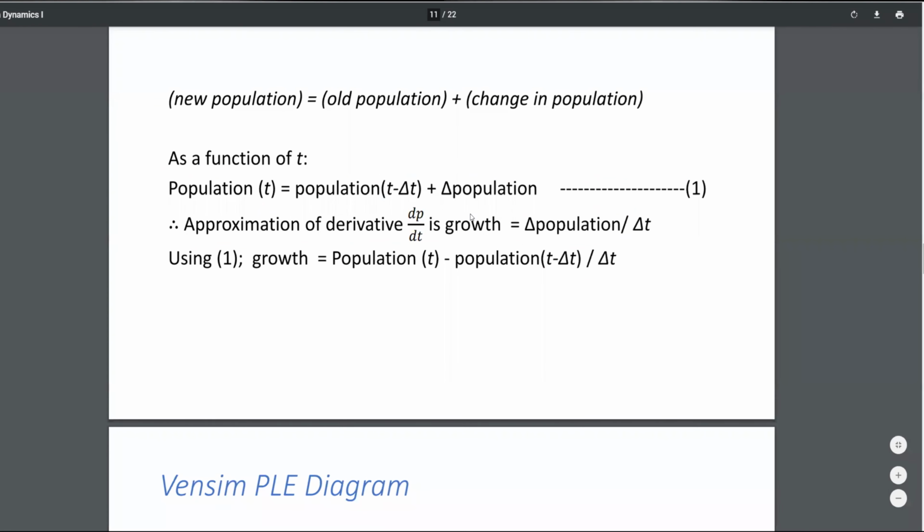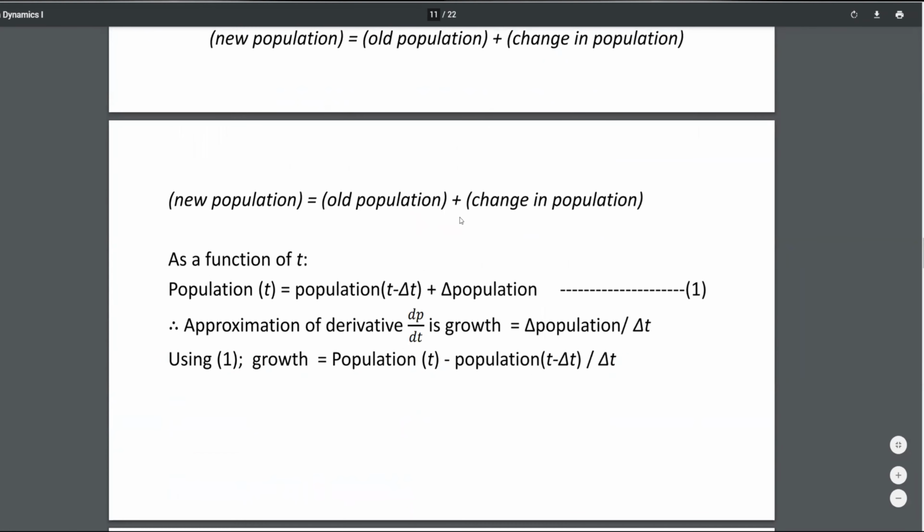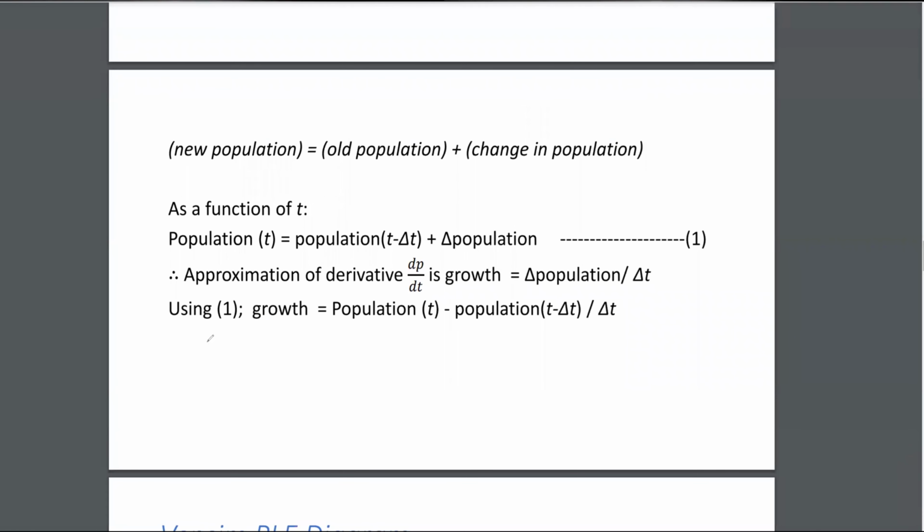Again, this is the same thing that I just explained on this slide, written in a different way. So here, I shuffled the equation. What I did here is come up with this equation. I wrote these terms, and this one we said is growth.